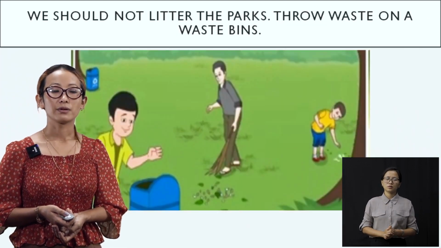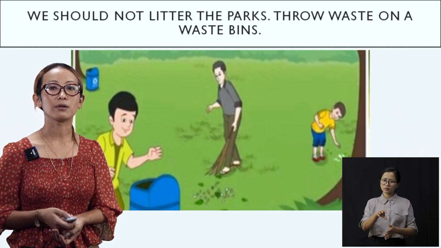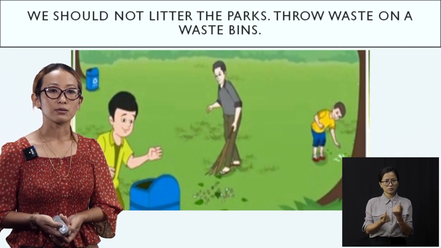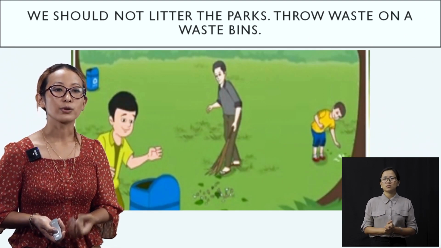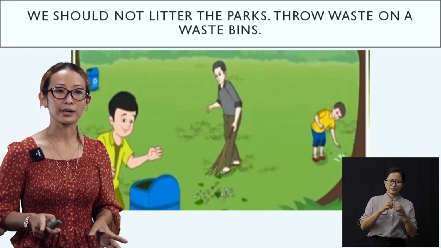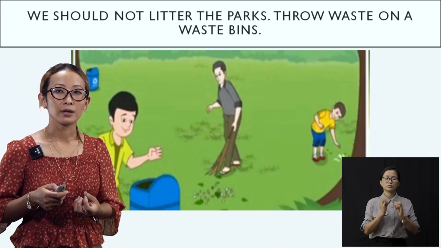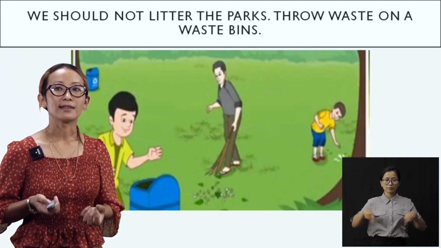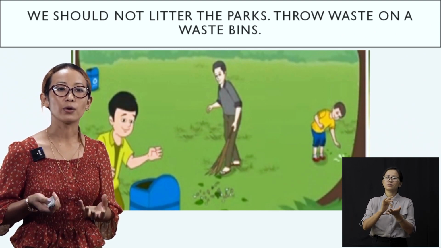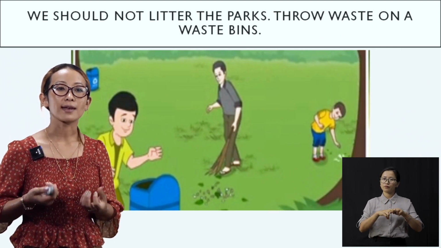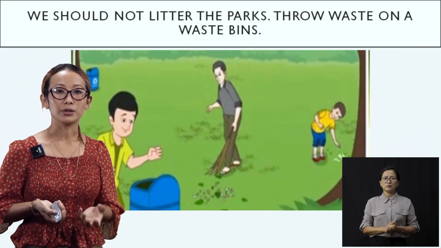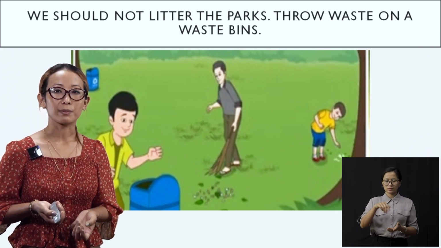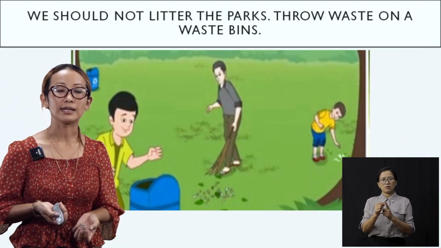It is also very important for us to take care of the parks. We should not litter the parks or throw waste everywhere in the park, because a park is public property, a place where we can go and have fun, and where everyone has a right to enjoy and use. So we should not litter.